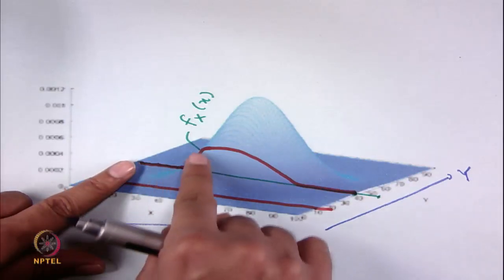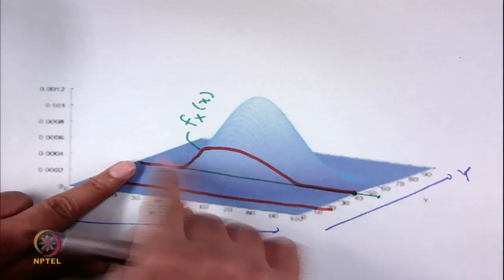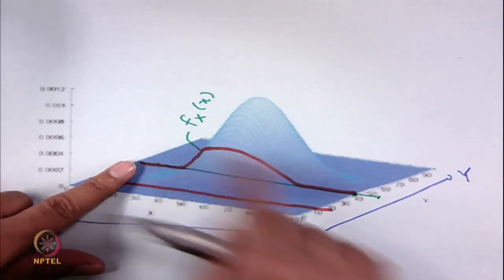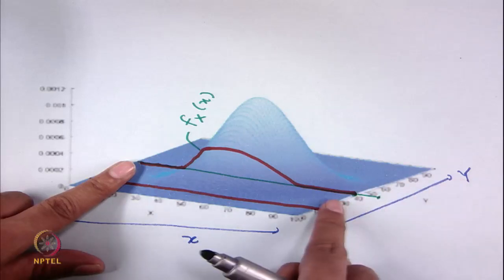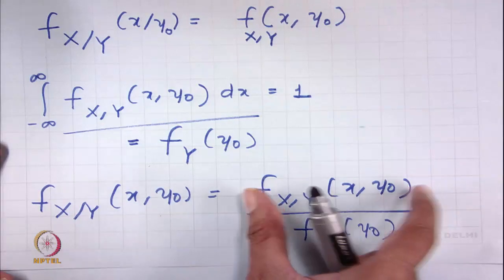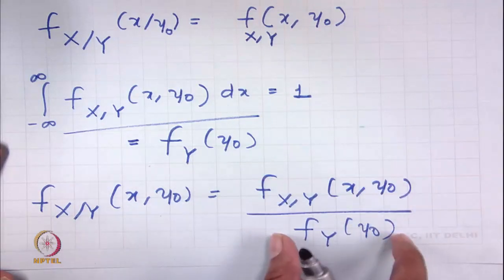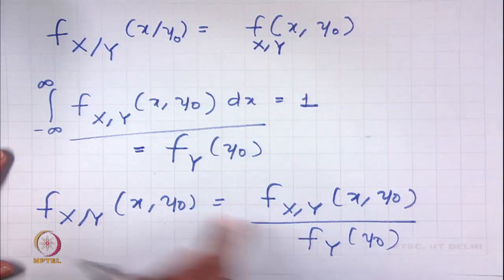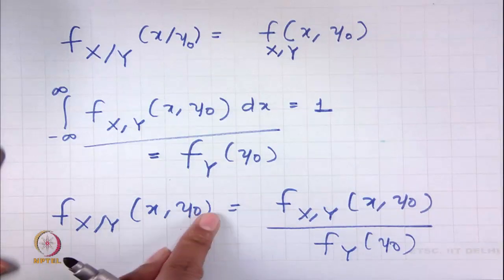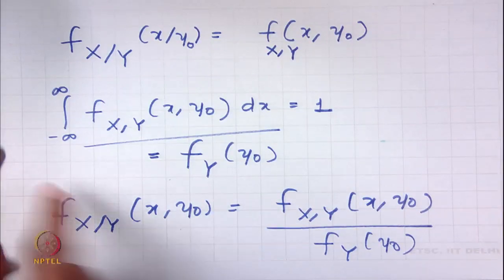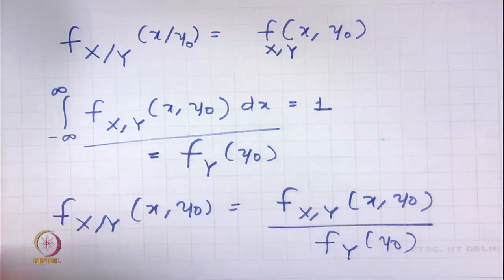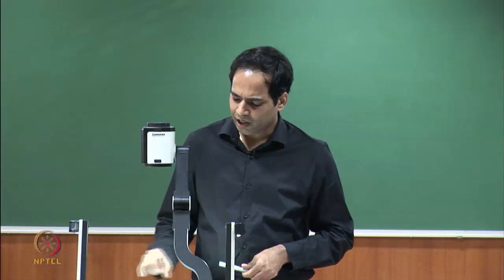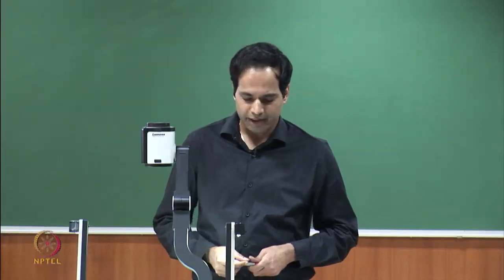So, now we have to look at the probability density function of x at the place where y has taken a specific numerical value, and because this value will not integrate to 1, we need a proper scaling factor, and the proper scaling factor that we need to use is this. So that when this quantity is integrated from minus infinity to plus infinity, it turns out to be 1, to satisfy the definition of a probability density function. So, this is how we can think about the conditional PDF.